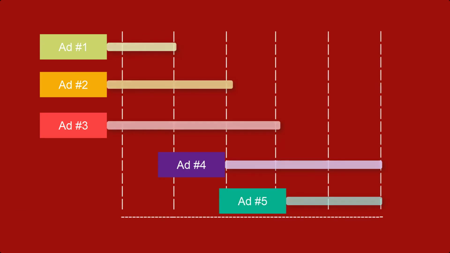This will allow you to directly compare the performance of different ad elements, while eliminating external factors that may impact ad performance. Additionally, by running multiple ads simultaneously, Quora will automatically deliver the ads that are performing best for your campaign. From there, deprecate underperforming ads and replace them with new content.